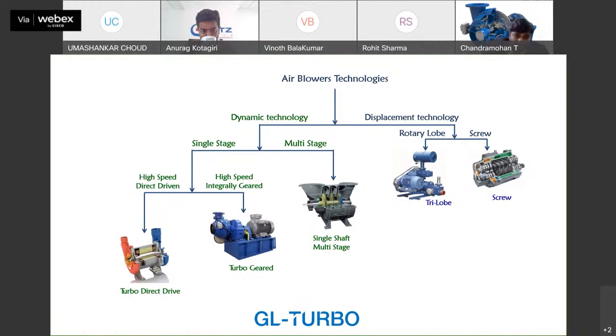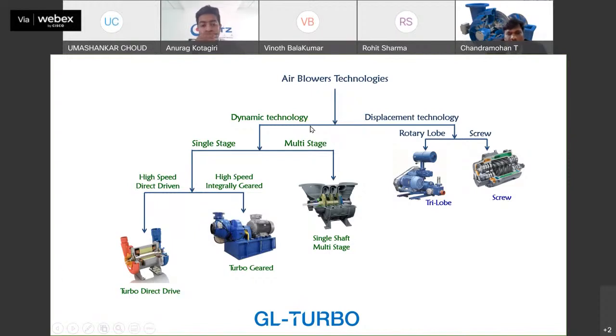In the last 7 or 8 to 9 years, many cement industries have started putting up turbo technology, replacing existing PD blowers on account of energy efficiency.